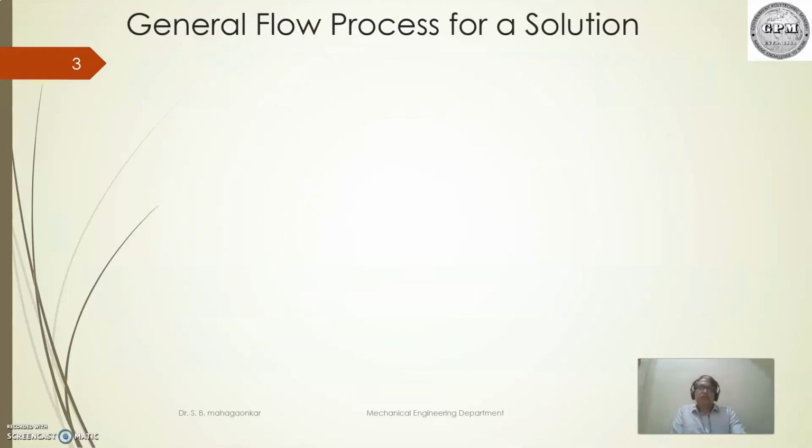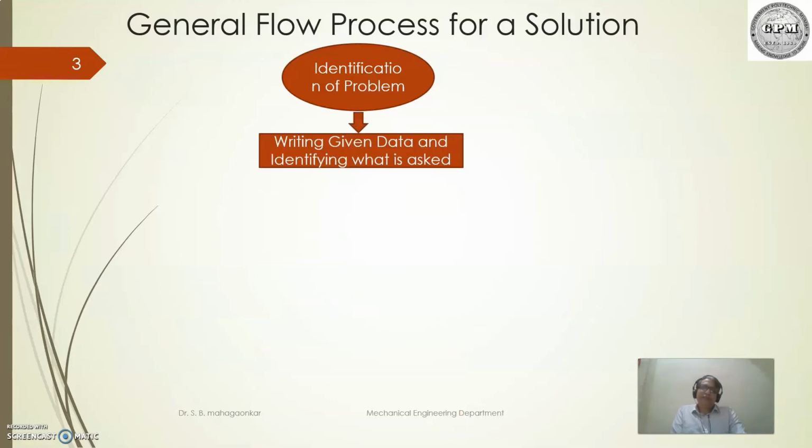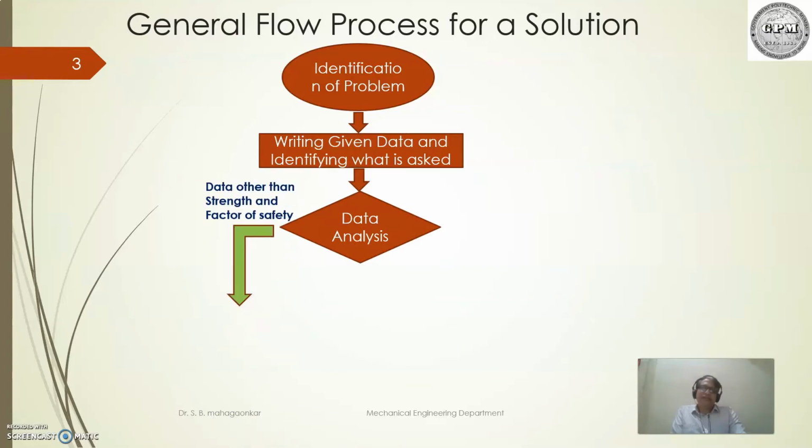So these are the general flow process. Once again we will go through it. These are already known to you, even though I am repeating it often because these things are very important to remember. After writing the given data and analysis, two things are there. One is the strength and factor of safety related data.